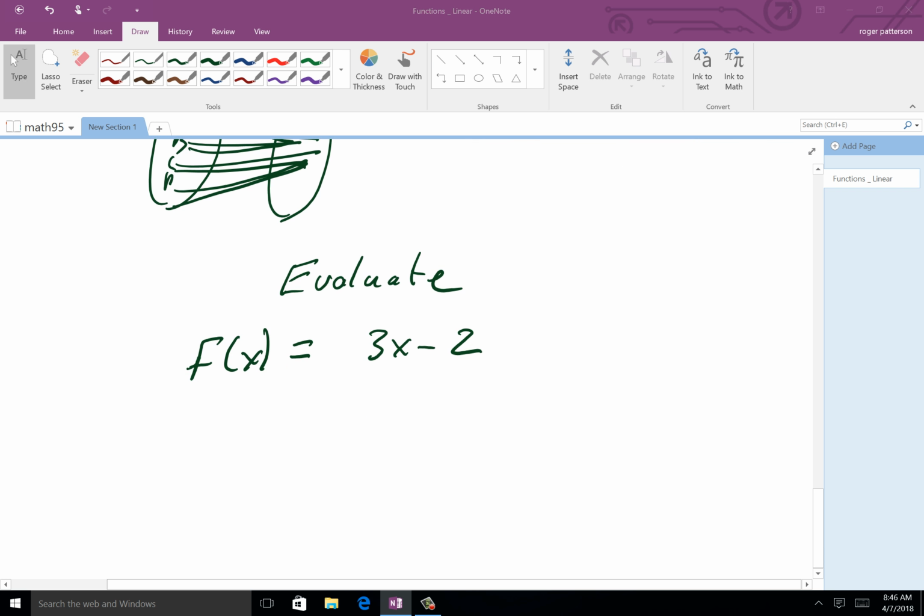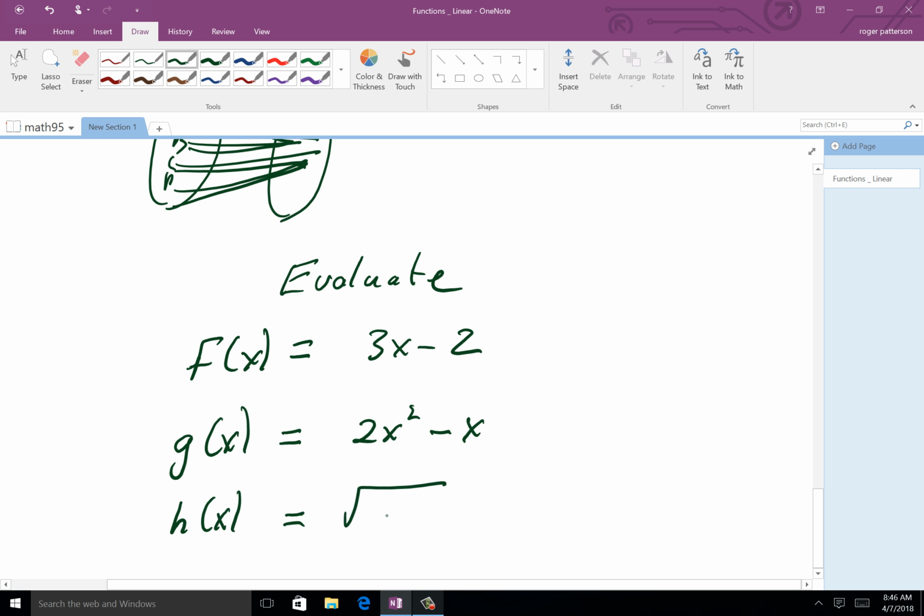Or we can have something with a g of x, 2x squared minus x. F, g, and h are the most common names, but they can use any name. We could have h of x, square root of 2x, something like that. So these are all different types of examples.